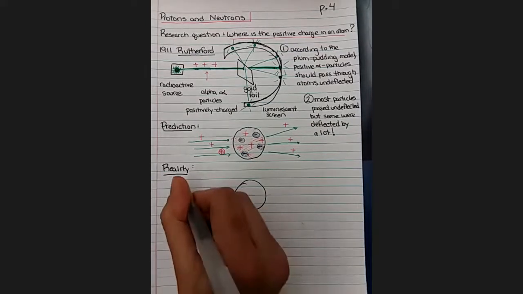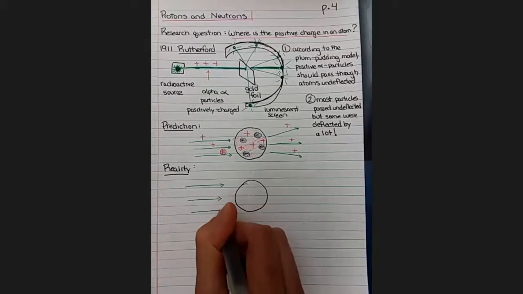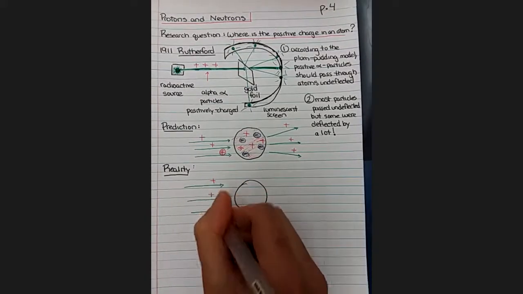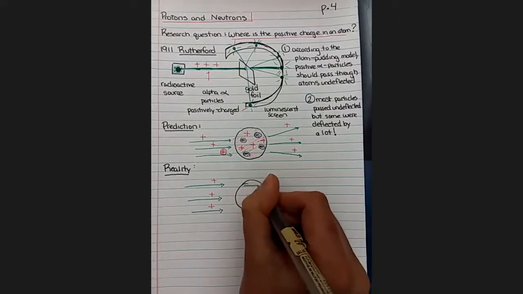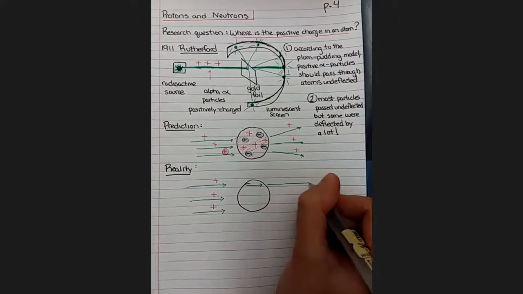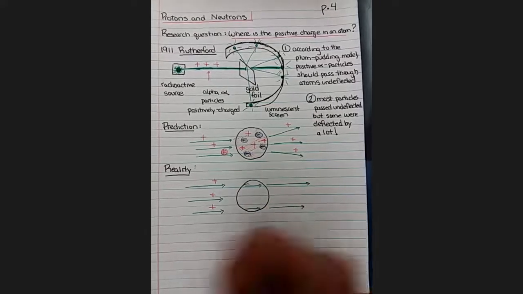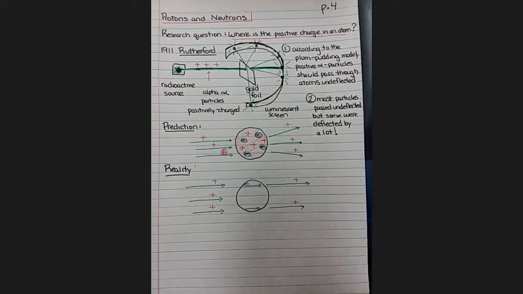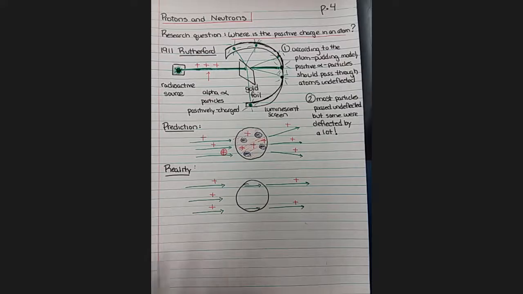So we know we've got an atom, and we know we've got this beam of positively charged particles going into it. And what we witnessed was that most of these alpha particles passed straight through and didn't encounter a significant positive charge. They didn't hit anything that would cause them to bounce. But some of the beams did hit something.